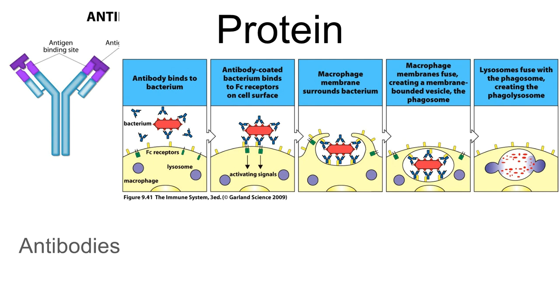So, another form of protein here are antibodies. Antibodies help fight disease, and they don't actually do the killing of the bacteria, but what they can do is recognize and cling to the bacteria.